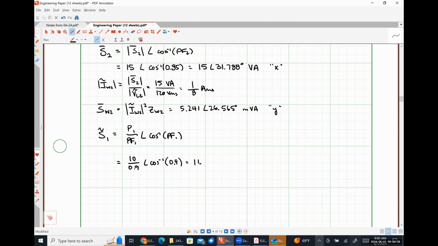Comes out to be 11.111 with an angle of positive 25.842 degrees volt amperes. And I've stored this in my calculator as Z.